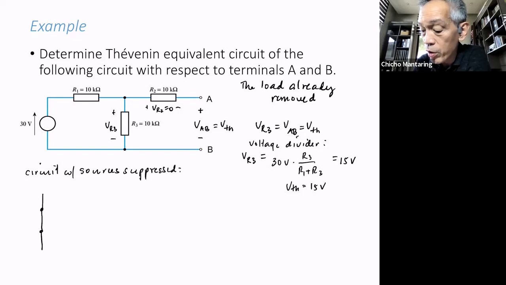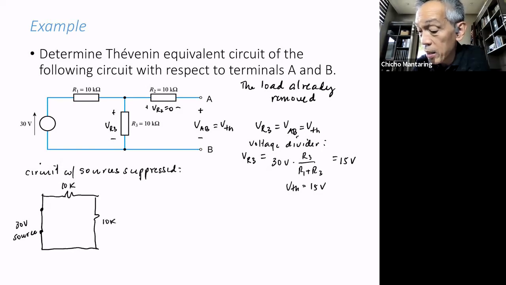Ito yung 30 volt source na naging short circuit na. Then meron akong 10K. Meron akong 10K. Meron akong 10K. And I am now looking at RAB.